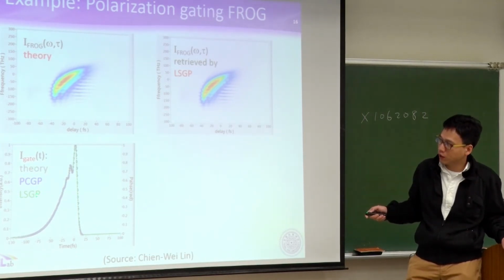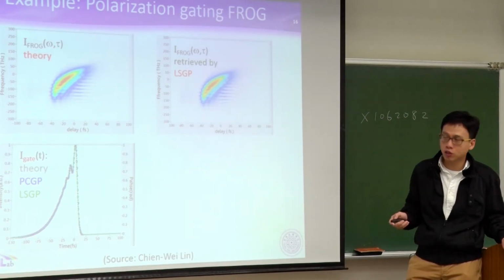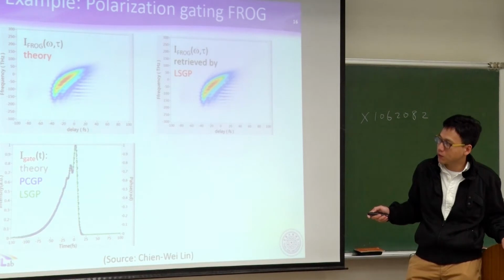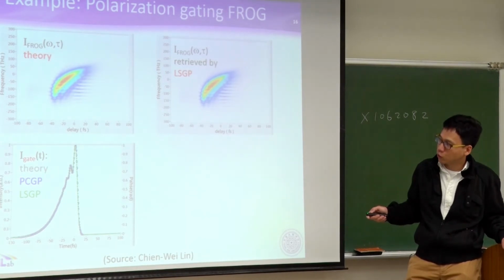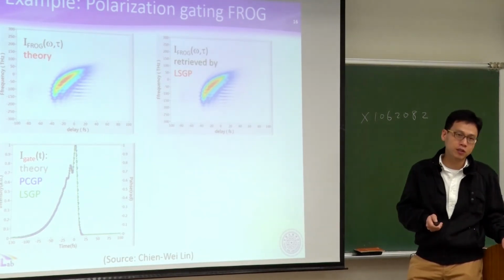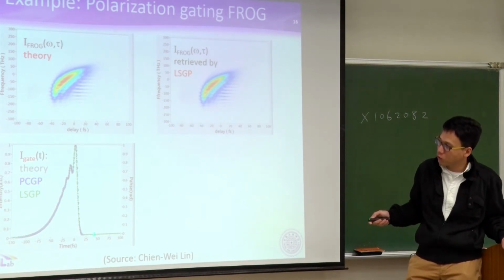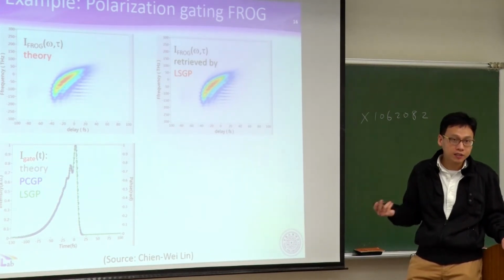You have three curves actually. The gray one is the theoretical curve. The blue one is the retrieved curve using PCGP. The green one is the retrieved curve using LSGP. And you can see they almost overlap with each other.